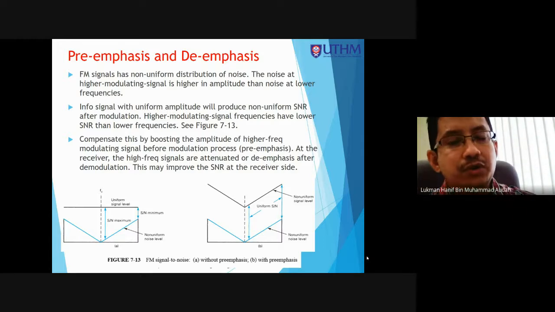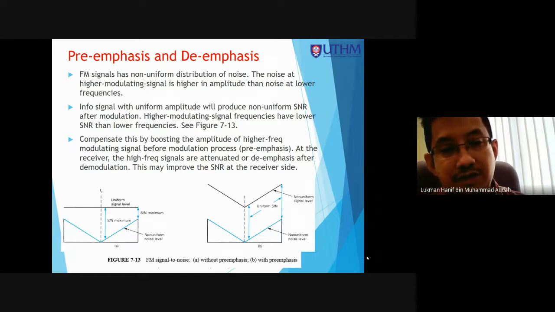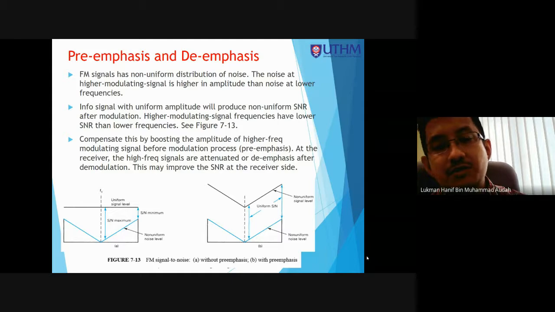Okay, so pre-emphasis and de-emphasis. Emphasis comes from the word emphasize, means we increase the amplitude of the input signal. And de-emphasis means that we de-emphasize, or we reduce it again to the original amplitude level.